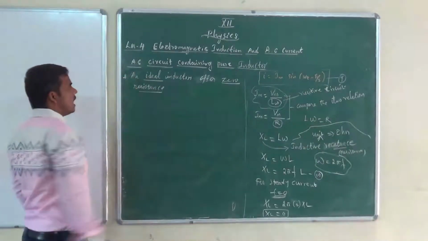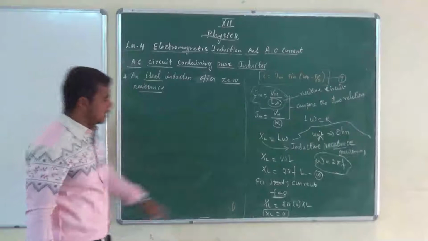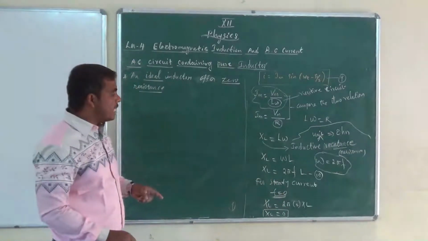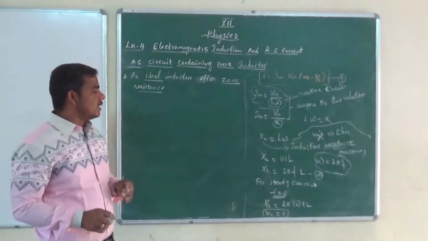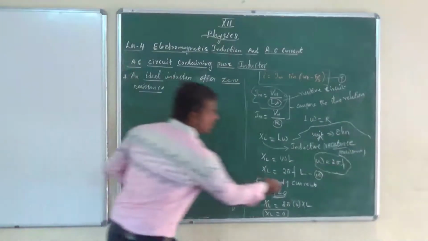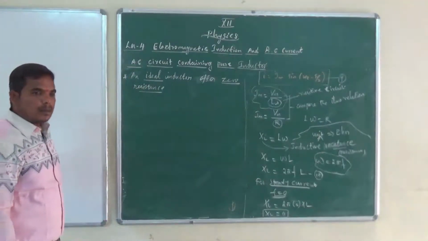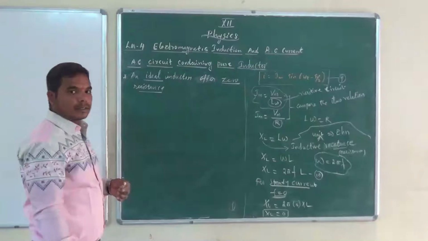The important point is this: an ideal inductor offers 0 resistance. See how XL equals 0 when we apply frequency 0 for steady current, and it also varies directly.